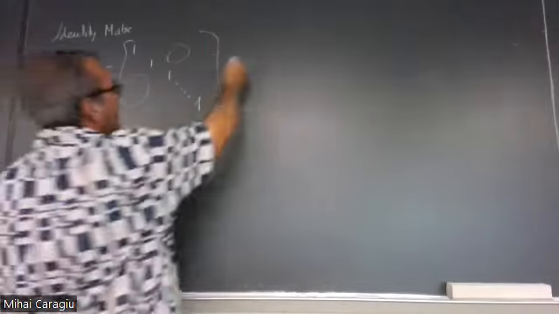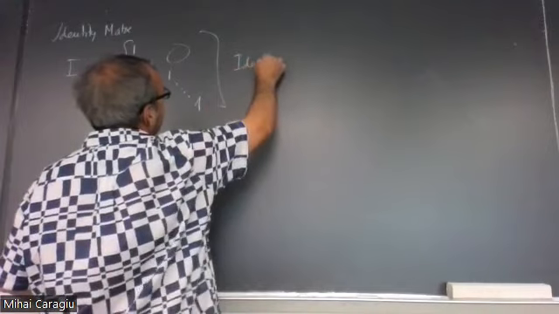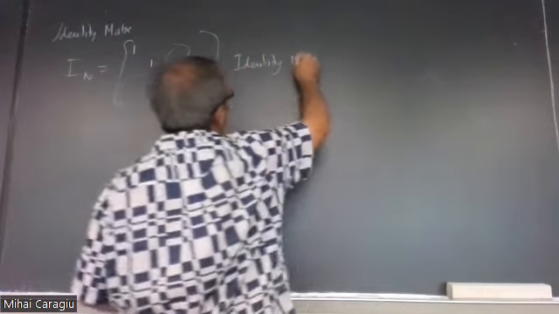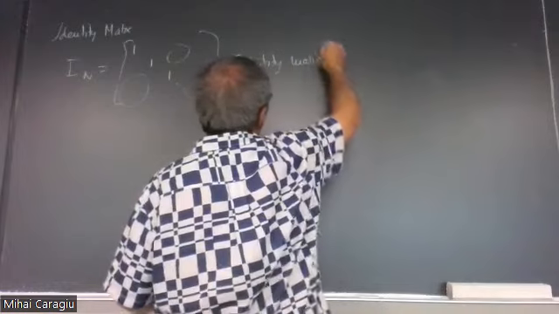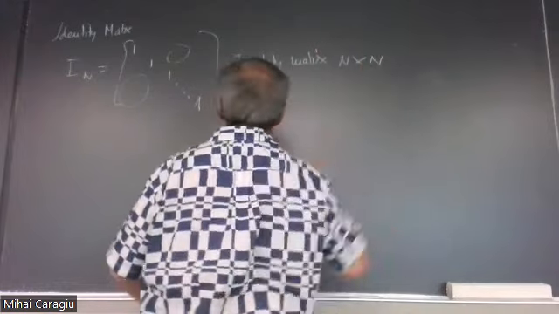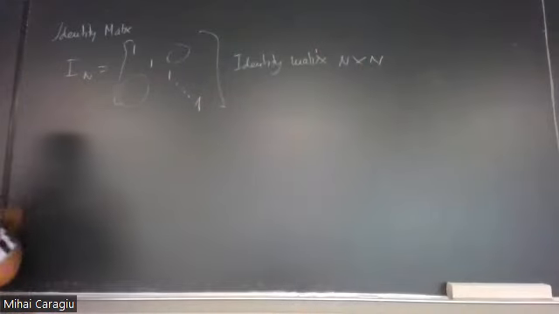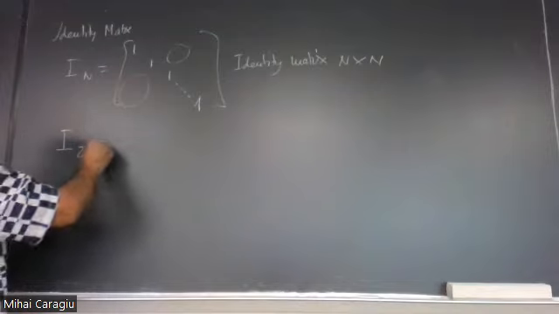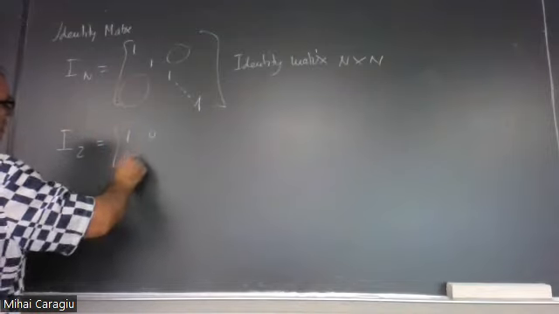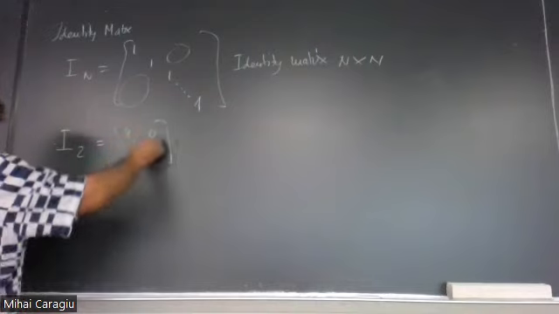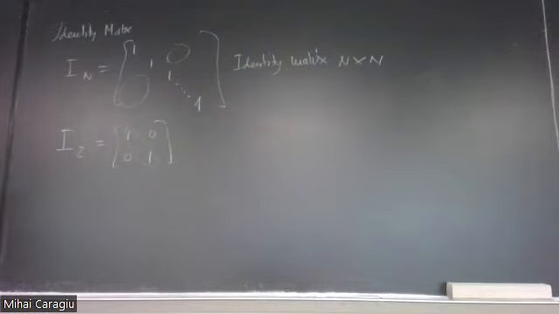That's I sub n, the identity matrix n by n. For example, I sub 2 is 1, 0, 0, 1. 1 is on the main diagonal and 0 in the rest. That's the idea of the identity matrix.